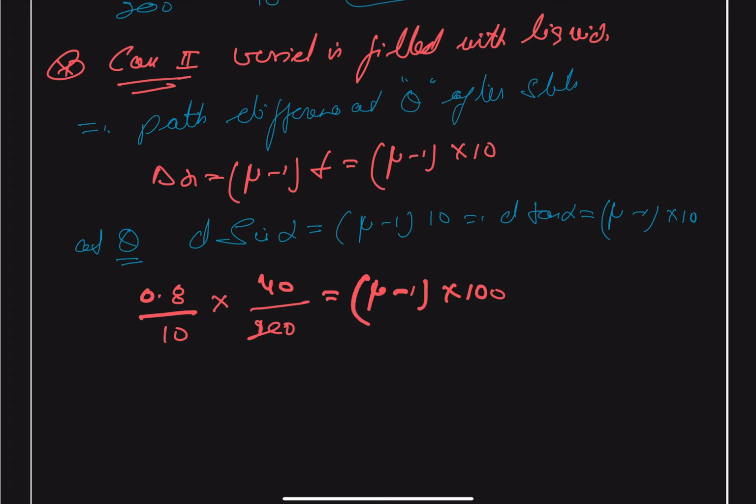Only unknown thing here is mu. We can easily calculate it, that our mu will be approximately 1.0016. So this is the refractive index of the water.